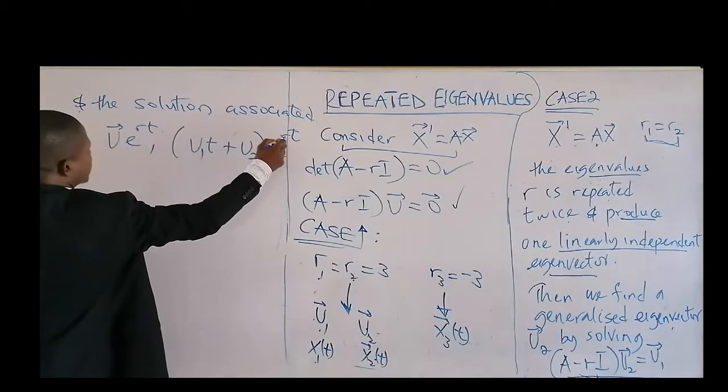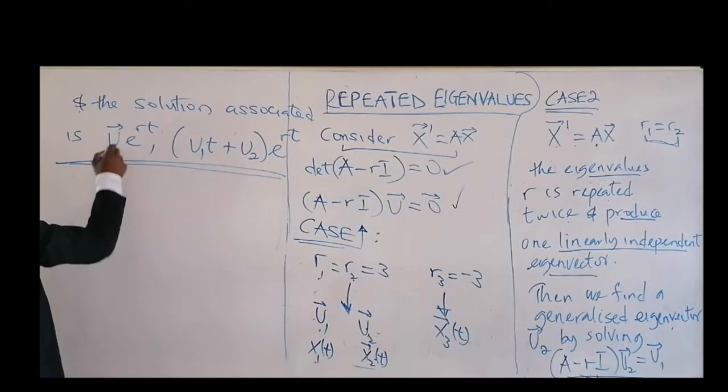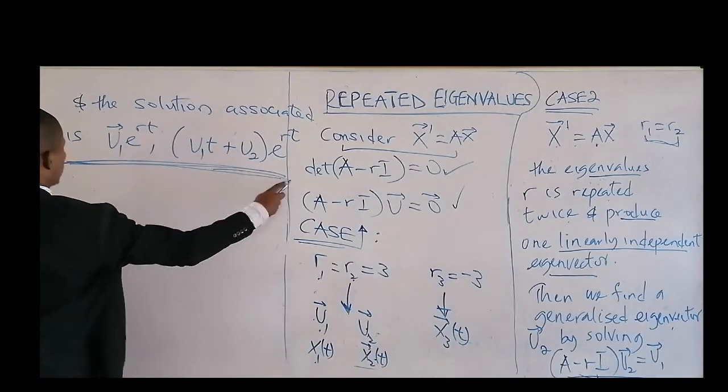This is the solution associated with repeated eigenvalues that produce one linearly independent eigenvector. So this is the general solution. Okay, we are going to look at that.